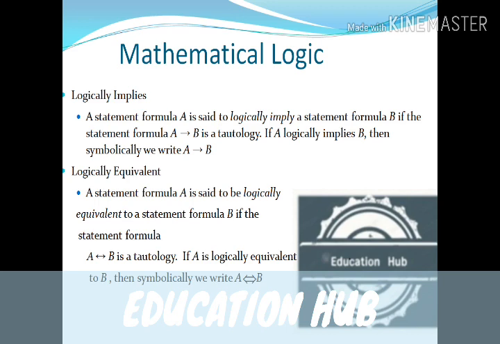If A logically implies B, symbolically A implies B. That means when it is a tautology, it is logical implication. Logically equivalent means implication in both directions is a tautology, that means it will always be equality. Please follow the screen, you can get it very clearly.